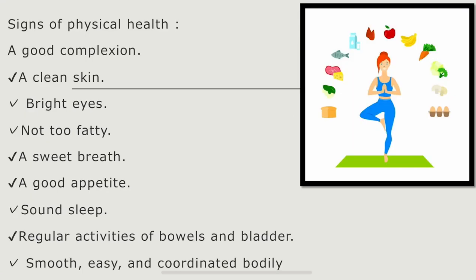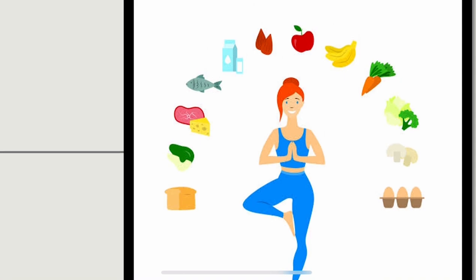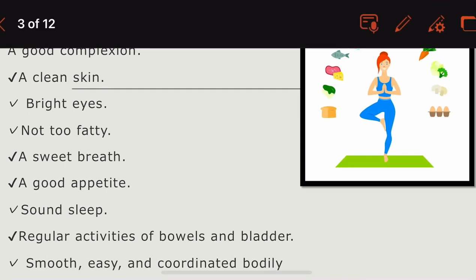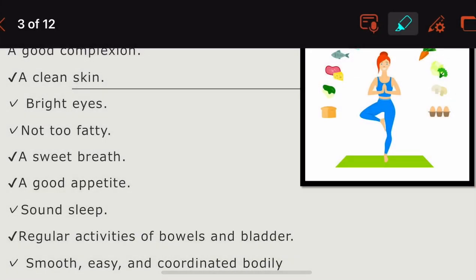Moving on to the signs of physical health. If a person is physically fit, you can assess the physical health on yourself. Let us check how healthy we are, how physically fit we are. A person who is physically fit will have clean skin, bright eyes.